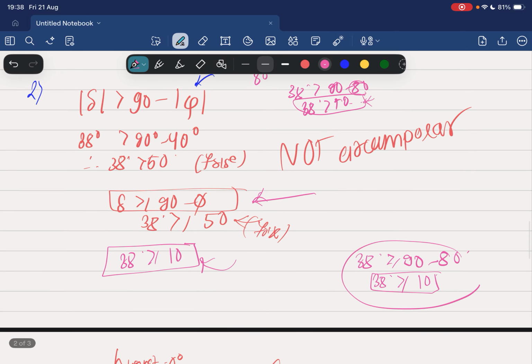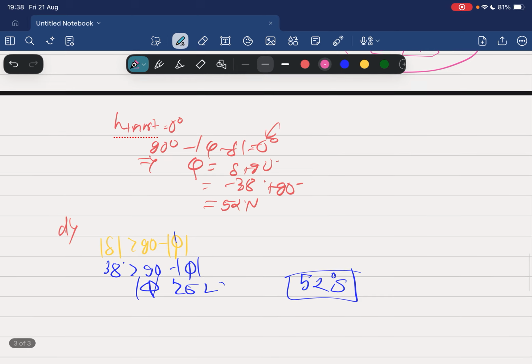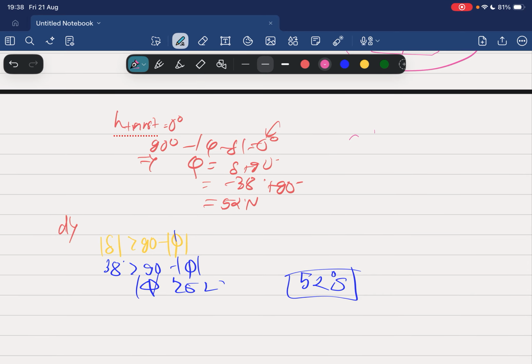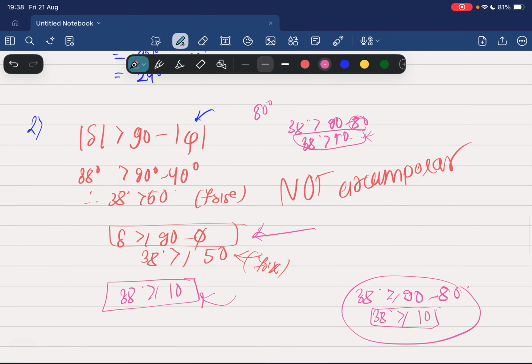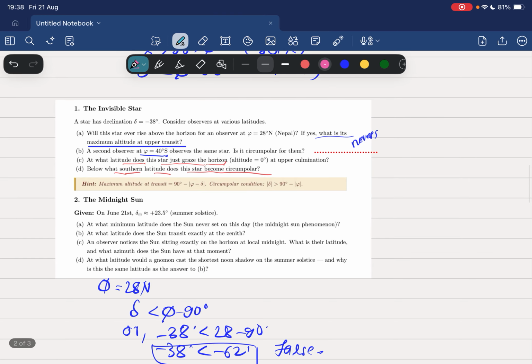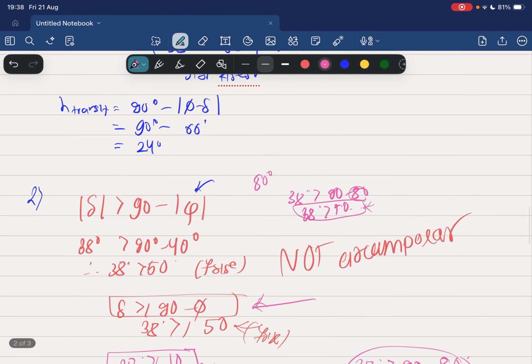Yeah, so for the southern hemisphere, let me quickly make it in here. The never visible condition is greater than 90 minus phi, right, for a southern hemisphere. And this right here, let us see the question, is the circumpolarity test.